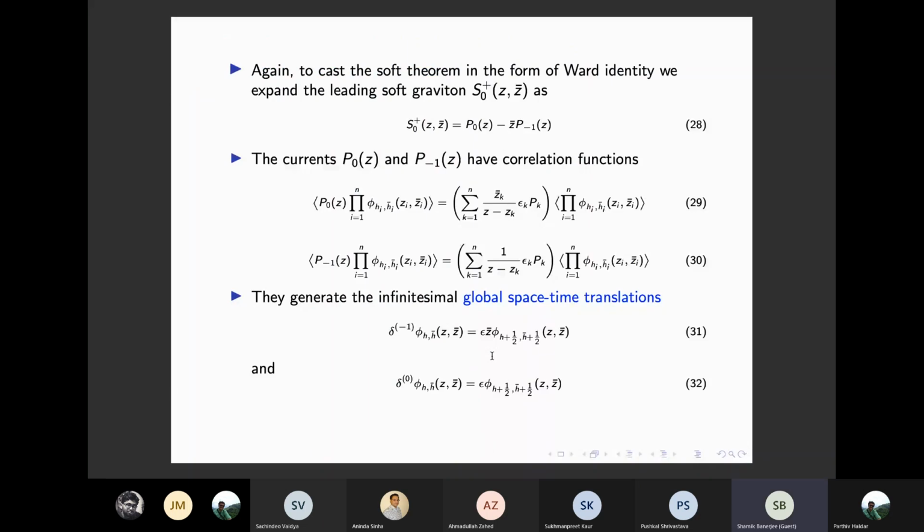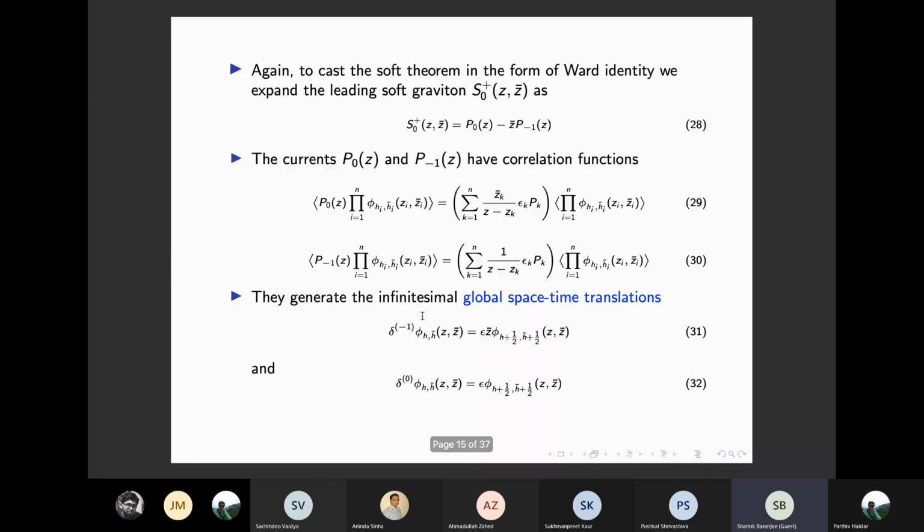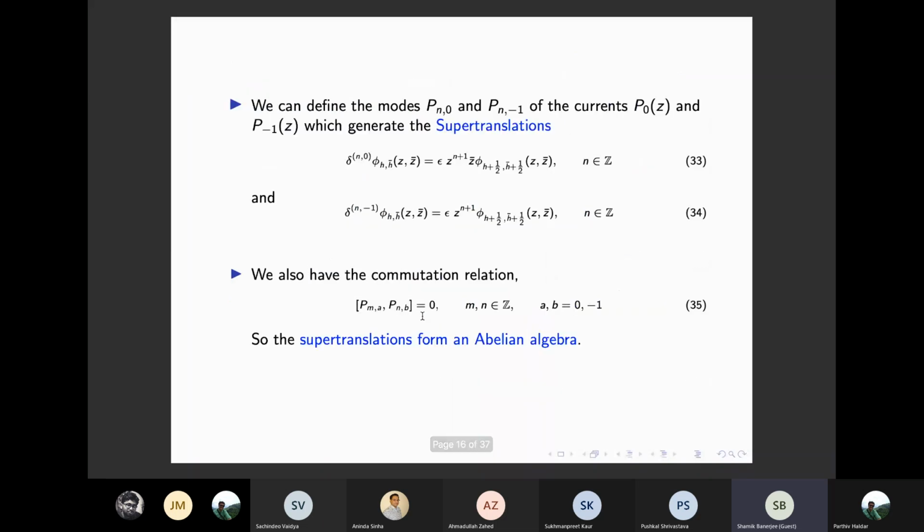So that is the whole idea. Okay, so this is the leading soft theorem, so that gives me the super translation. So now I will talk about that.